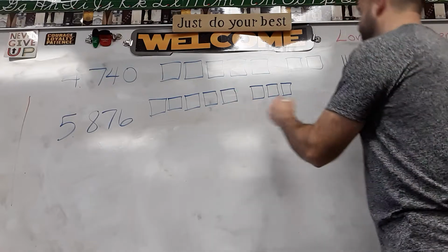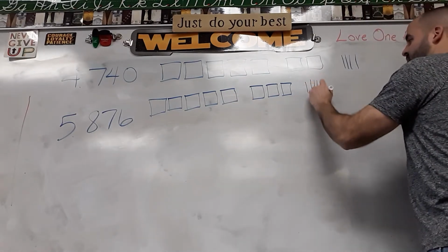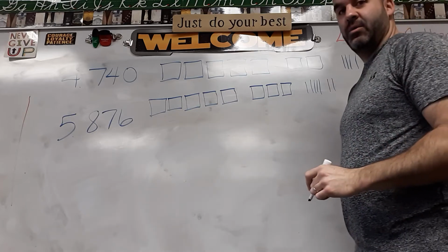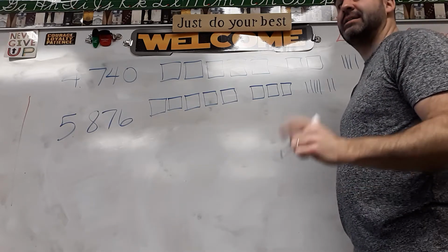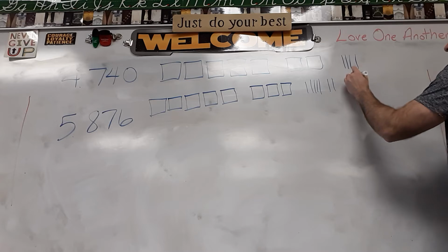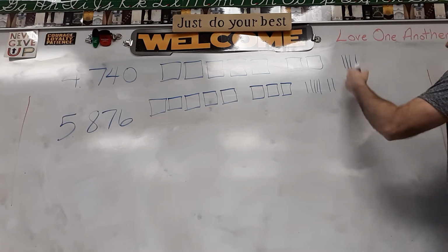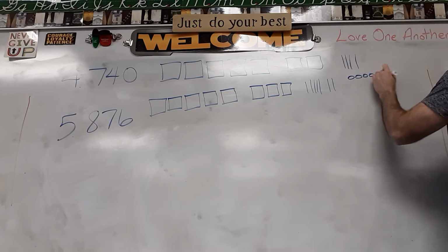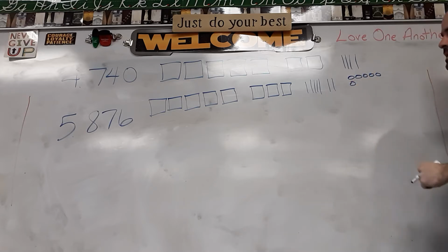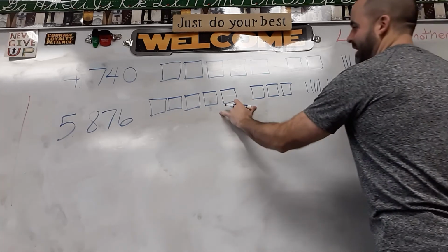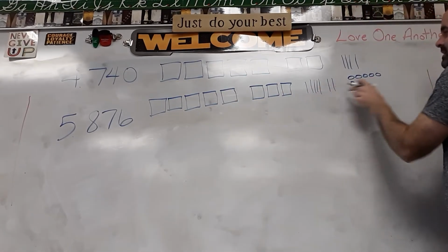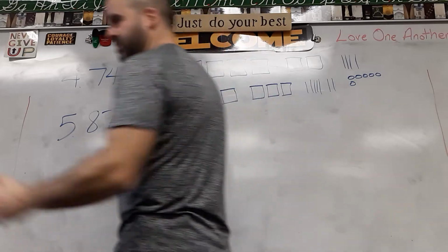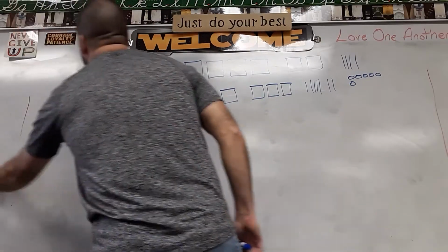Yeah, 7 sticks. 1, 2, 3, 4, 5. Space. 6, 7. And then how many ones, Ava? 6 circles, right? Okay, and they're going this way with them. I don't really care if you go the other way, but I'm going to keep going this way just because I think there's more space. 5 and 1 more makes 6. So 876. All right? Sweet. All right, you do 6 and 7 if you haven't done that already.